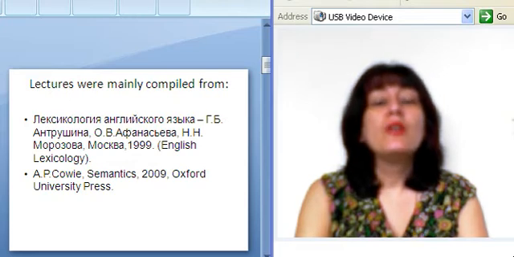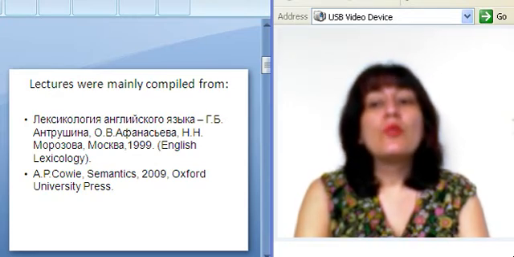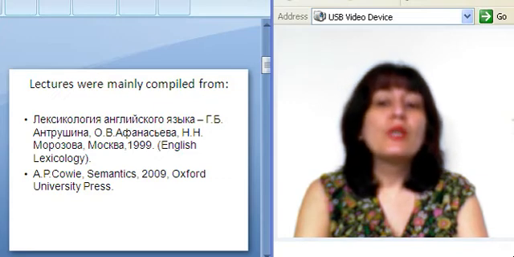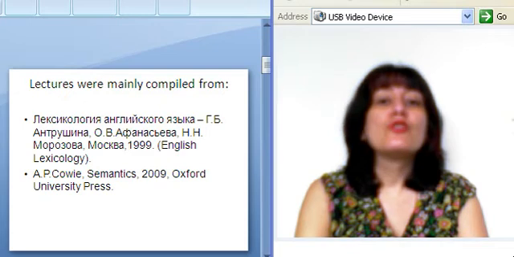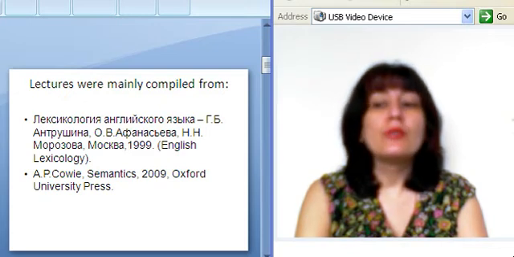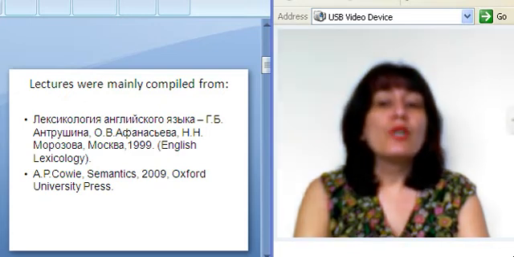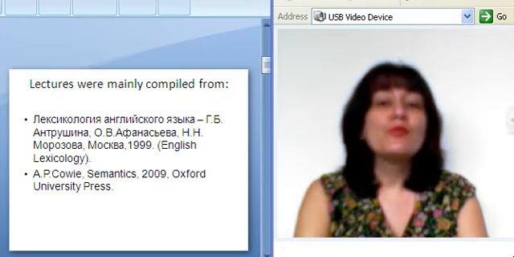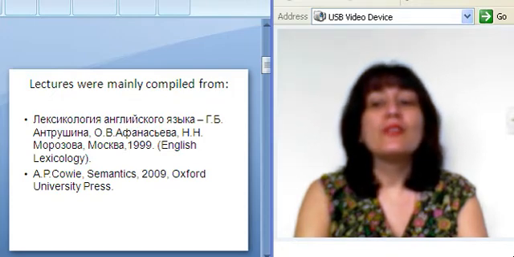For example, synonymy and antonymy. The course also embraces word building, how English words are made: affixation or derivation, conversion, composition, etc. And it also embraces phraseology, idioms, which students usually find interesting and in a way entertaining.